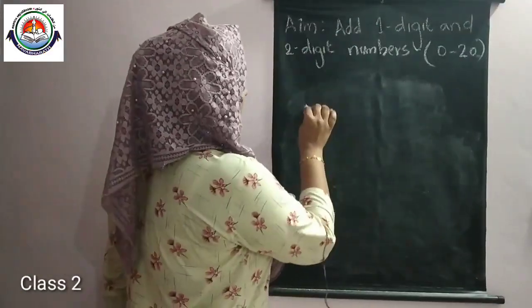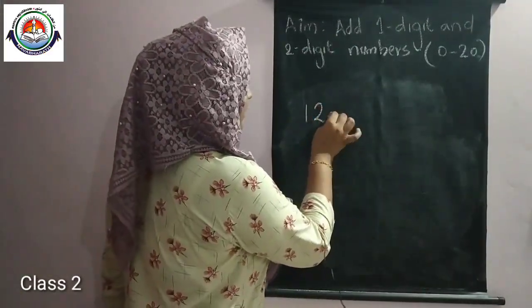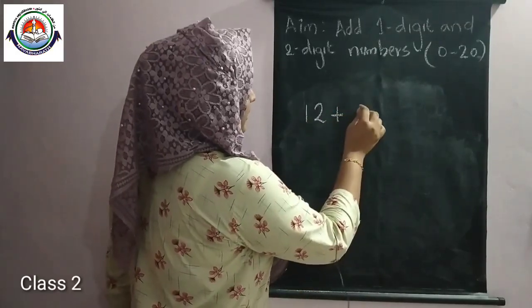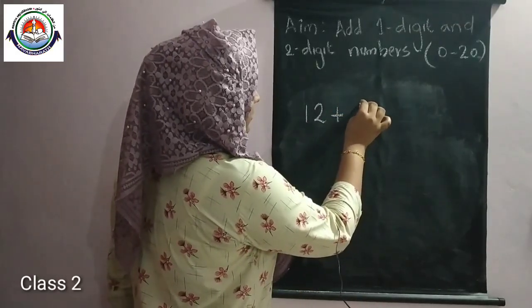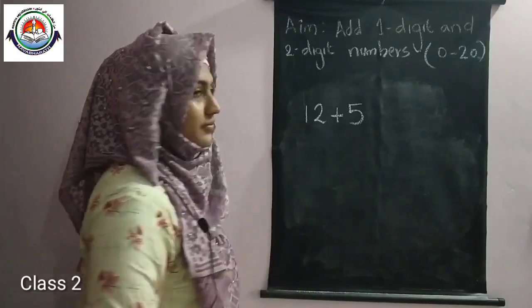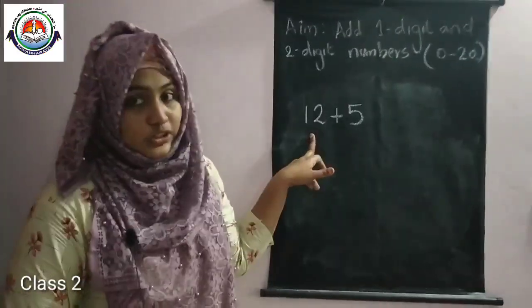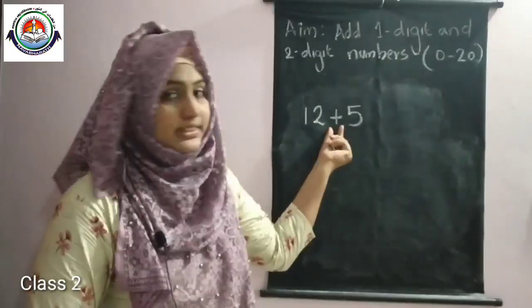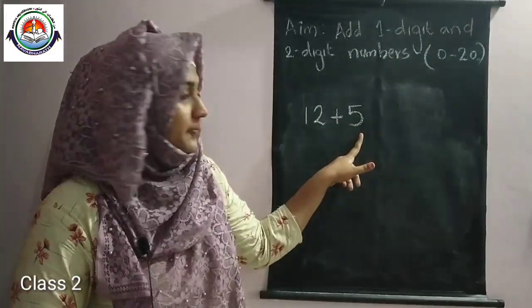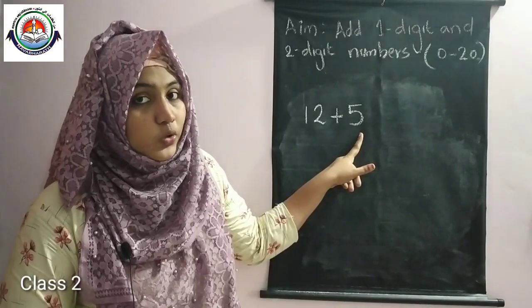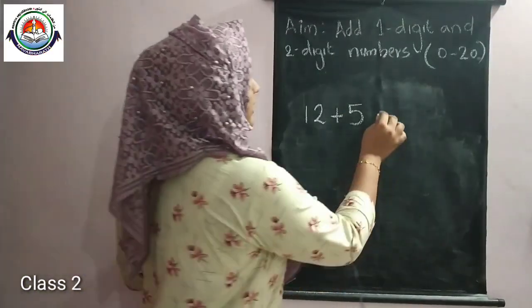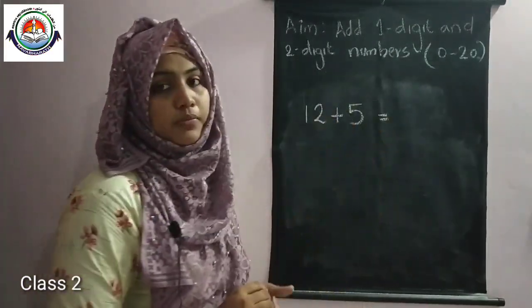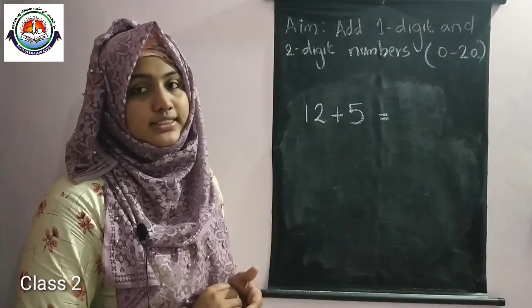So we can add 12 to the number 5. There are 12 cookies in a jar and Meera added means plus. Meera added 5 more cookies to the jar. Then we can find the total number of cookies in that jar.